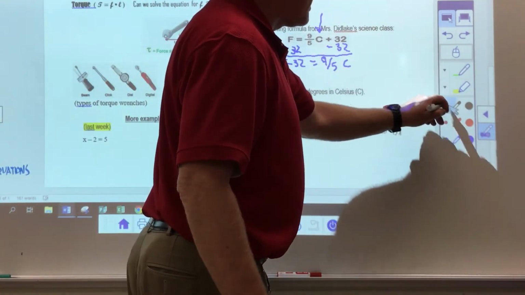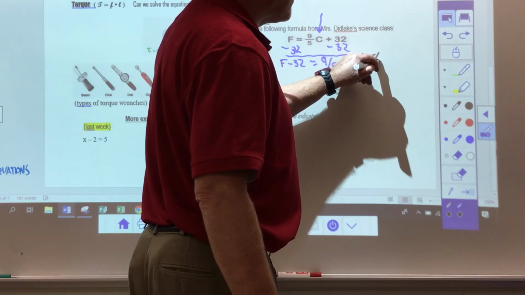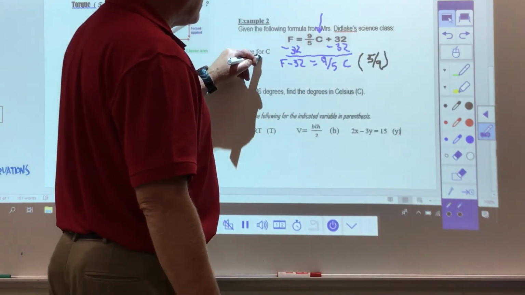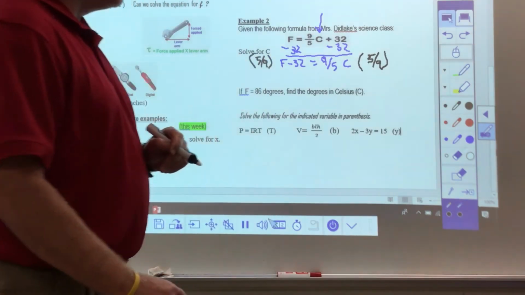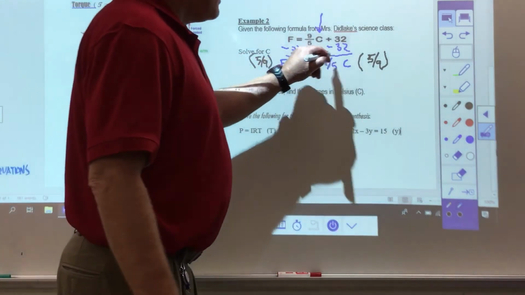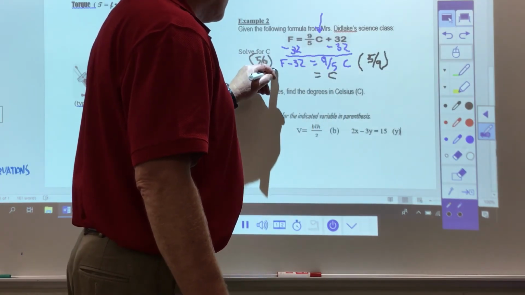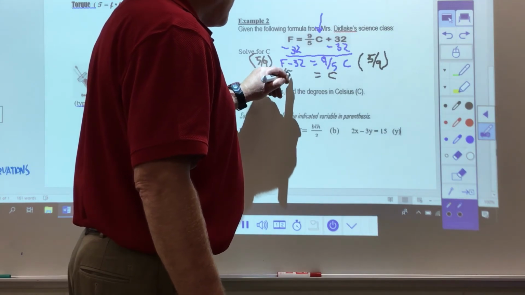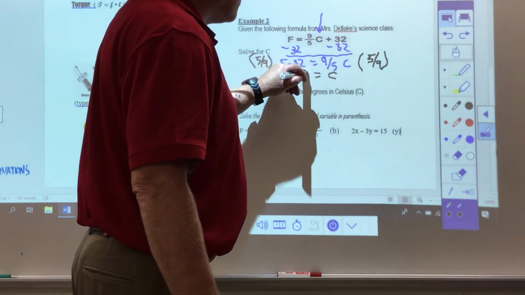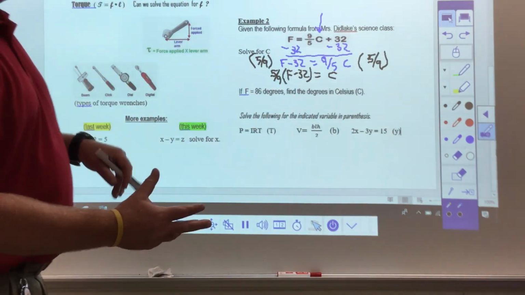So I'm going to change pens here and multiply both sides by the reciprocal of 9/5, which is 5/9. Multiplying both sides there. So these go away right here, so we get C is equal to, let's say, 5/9 times F minus 32. So that might look familiar to you from a formula that you had for degrees Celsius.